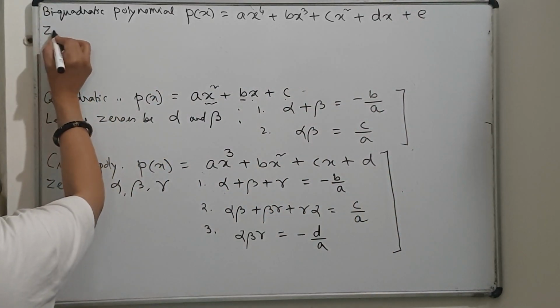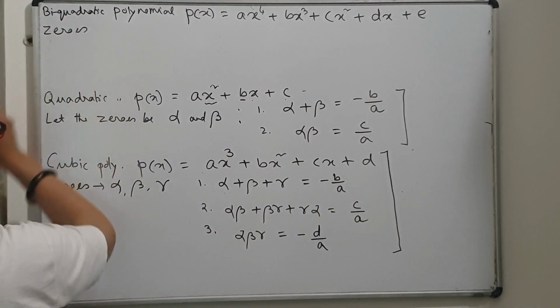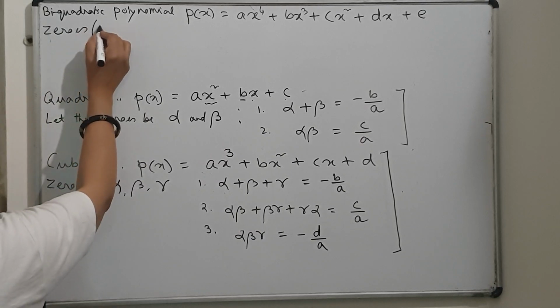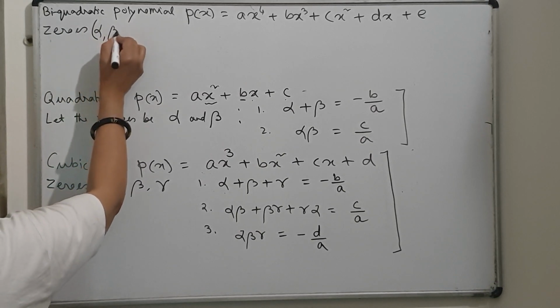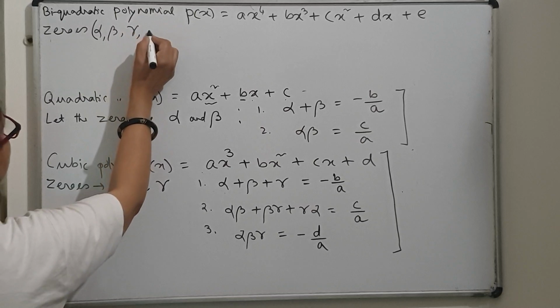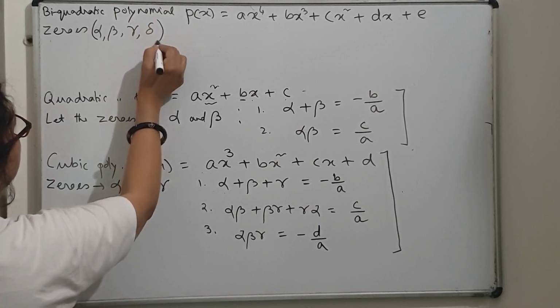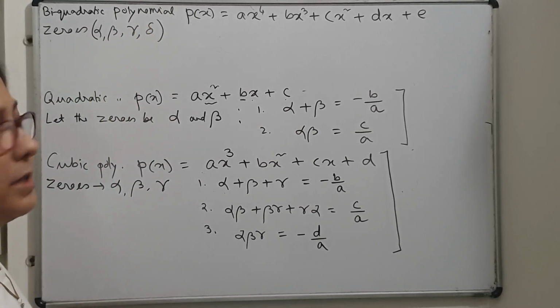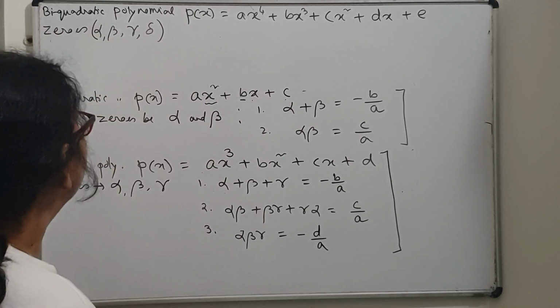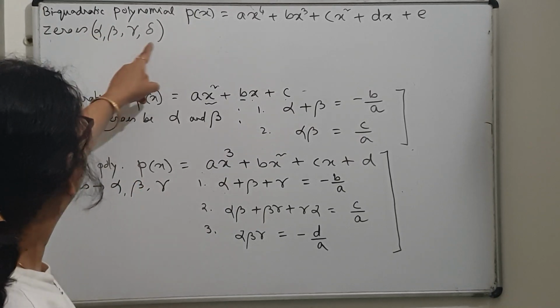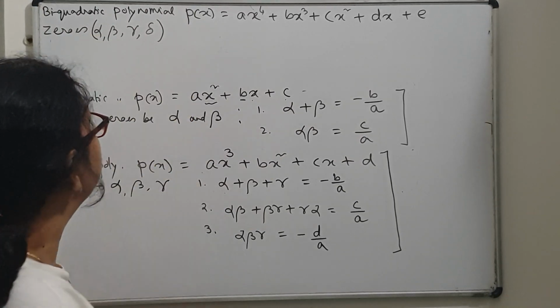The maximum number of zeros will be 4. So alpha, beta, gamma, and the fourth one I take as delta. These Greek alphabets I have taken in alphabetic order. So degree 4, so there will be 4 relations.